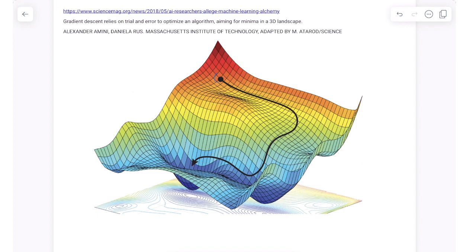So if you randomly select a parameter a at t0 and b at t0 right here, at every step you gradually follow the opposite direction of the tangent line and go to the lowest value of this MSE curve.